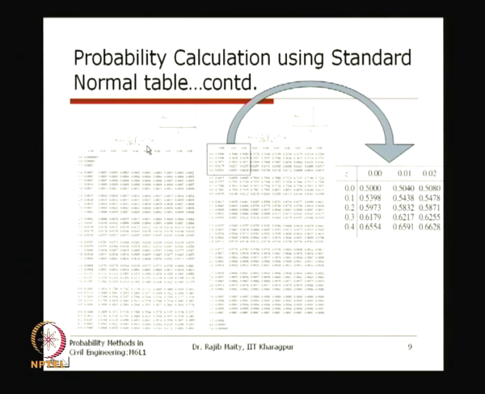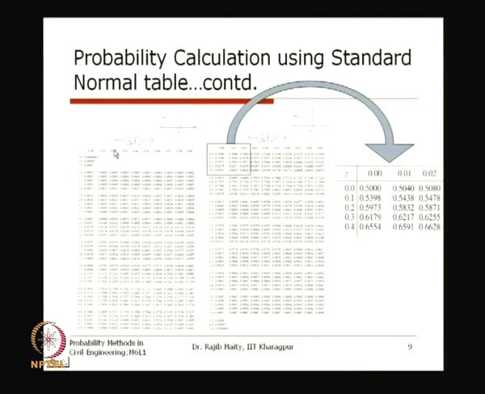This is the bell shape curve, the PDF of this normal distribution. Basically, this is for the standard normal distribution, and this point indicates 0, which is the mean of this distribution.